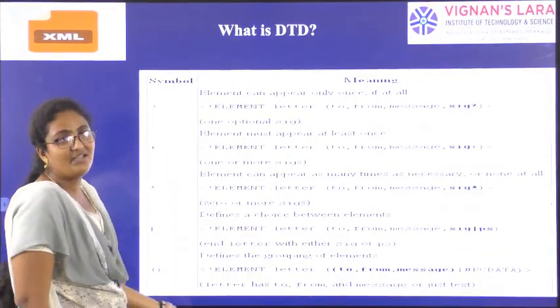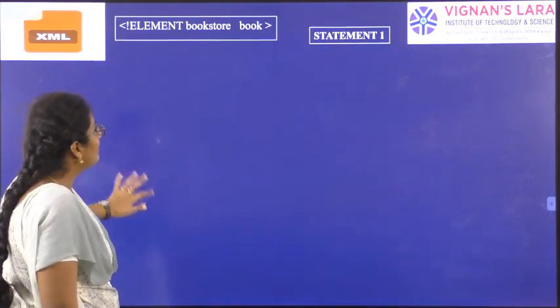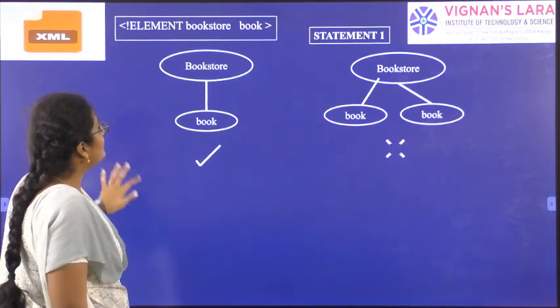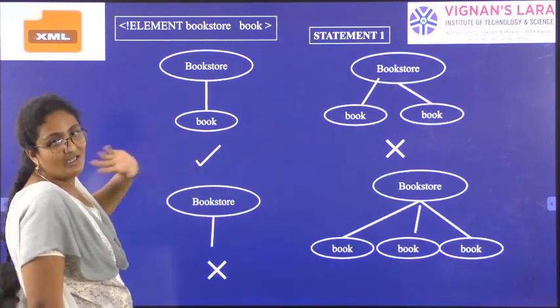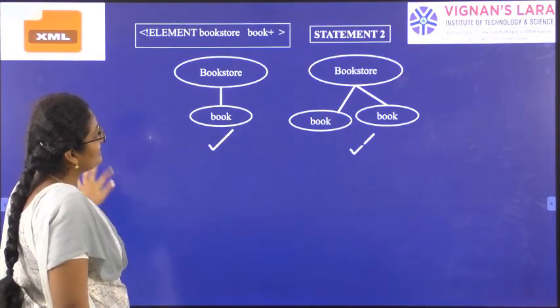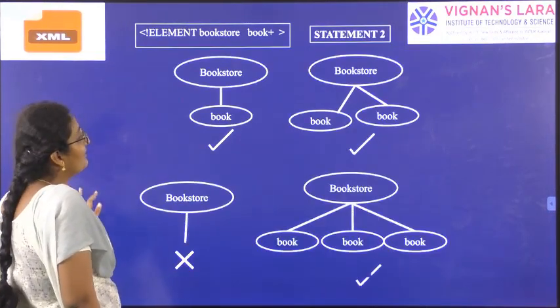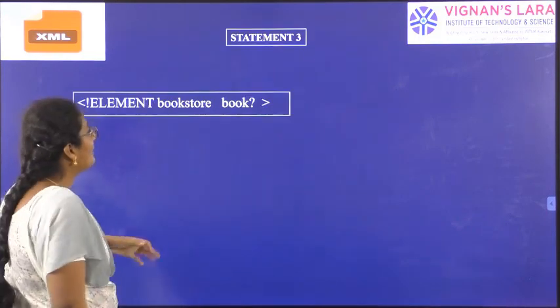So we are using some symbols in DTD and those symbols have specified meanings. With no symbol, the element appears exactly one time. In the second statement we use the addition symbol, so it can appear any number of times, but not appearing at all is wrong.